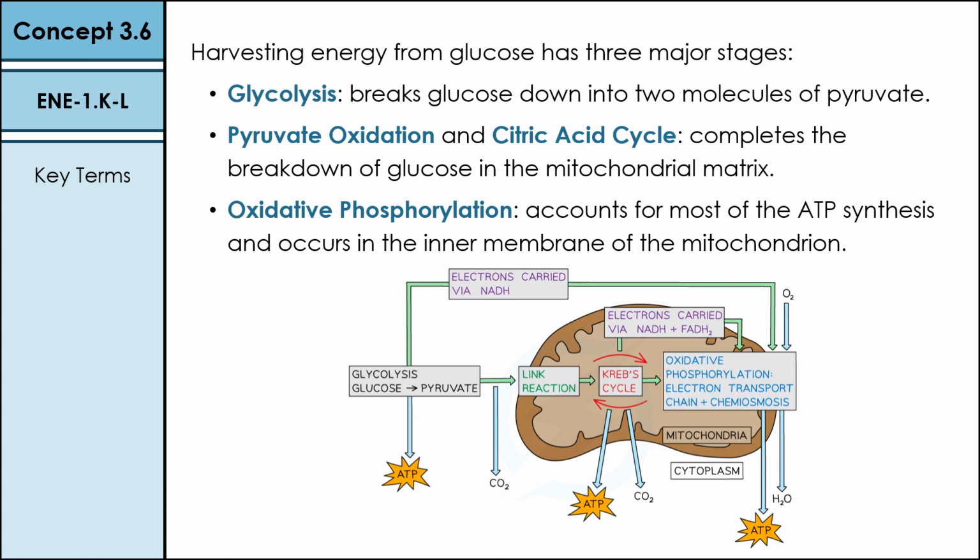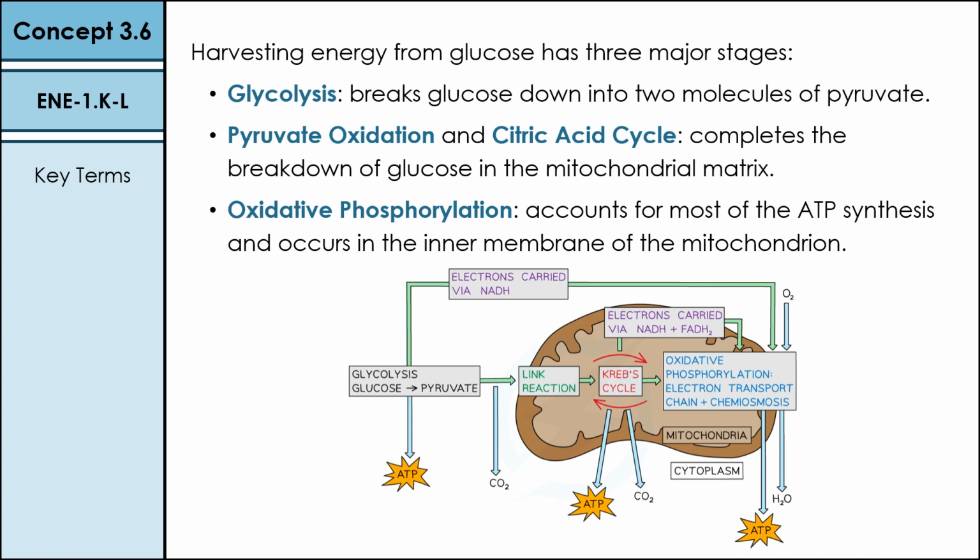Every organism that needs to break down materials to produce cellular energy is going to start with glycolysis. Looking at that word, glyco referring to sugar and lysis meaning to break down, it is in this process that we break our glucose down and we get a product known as pyruvate.